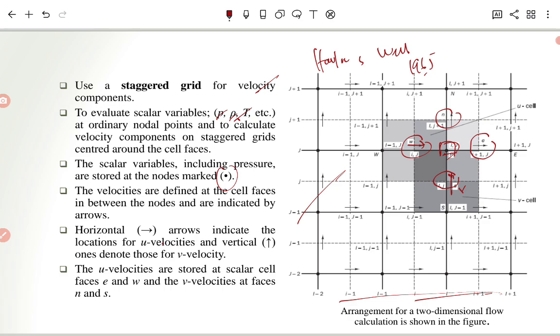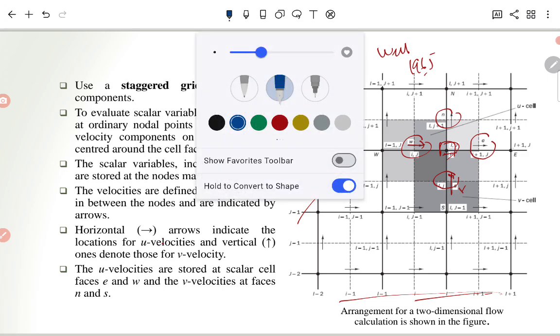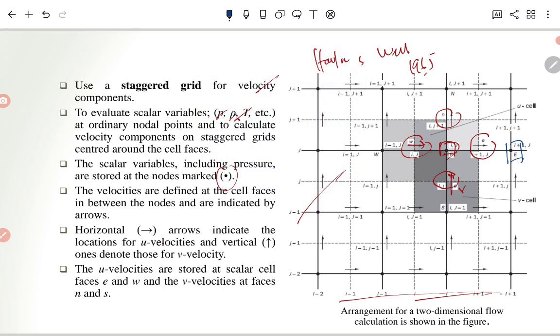Okay, for the moment we continue with the original east, west, north and south directions. Here the u velocity is stored at the scalar cell face.